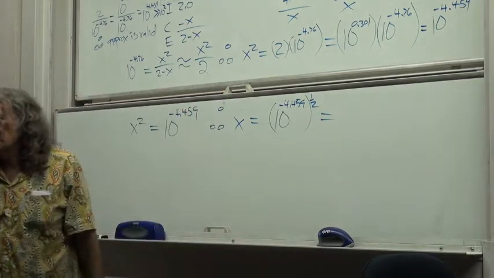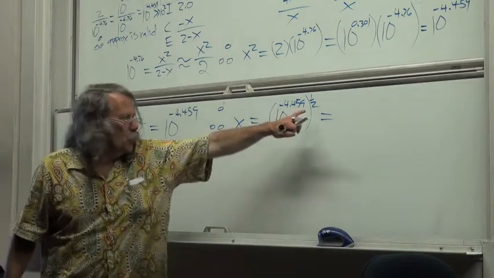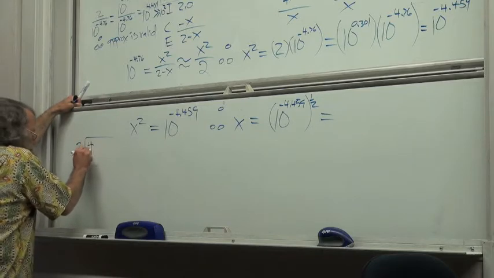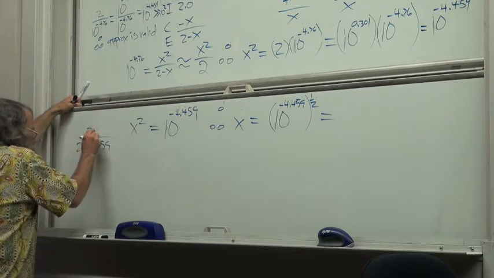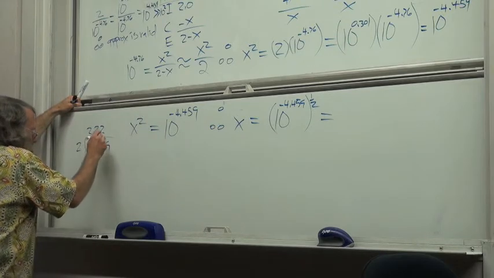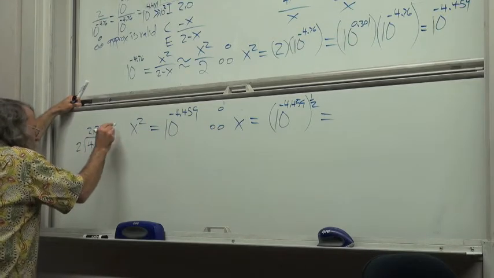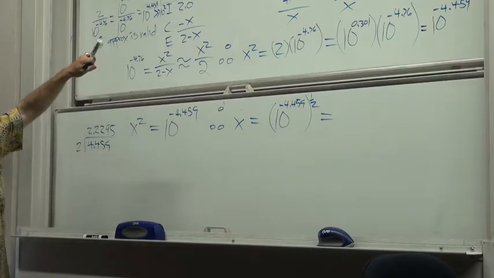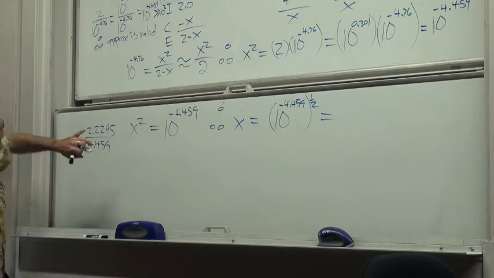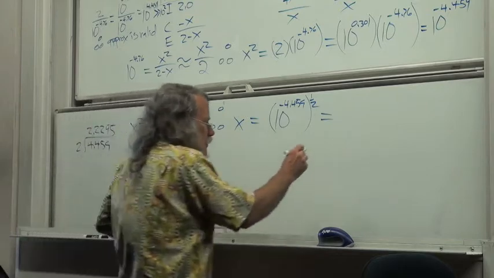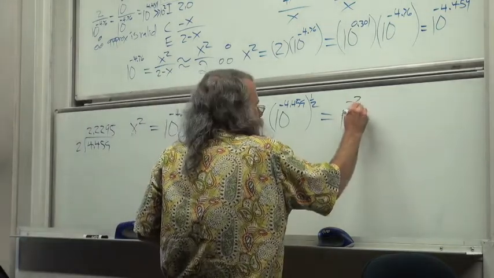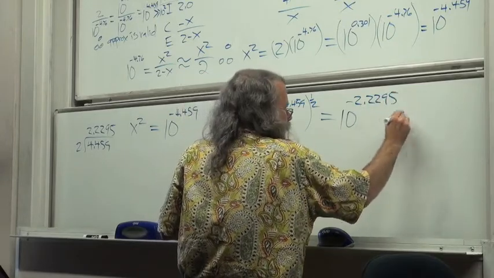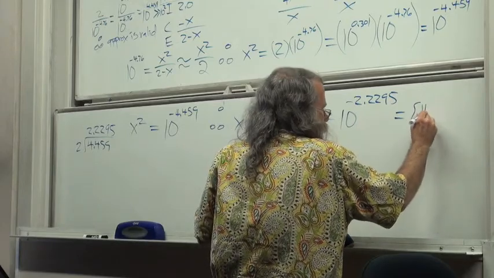And what do the rules with exponents have me do? I multiply 1/2 times that, so I get my scratch paper over here, and I take a 2 and I divide it into 4.459, and it's 2.2295, and we'll get to rounding back to deal with the significant figure convention here in a minute, but that means that's equal to 10 to the minus 2.2295, and that's equal to the hydronium ion concentration.